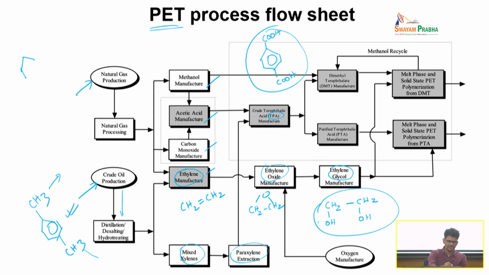Then the reaction goes something like this: you have terephthalic acid, and you combine this with CH2OH, CH2OH.